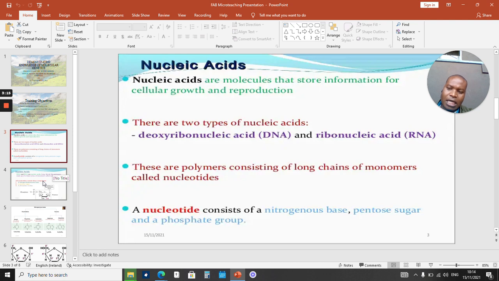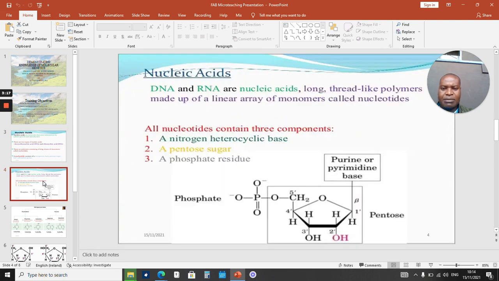Now, let's look at some of the items that make up these nucleic acids. These nucleic acids are polymers made up of a linear array of monomers, which are called nucleotides. And nucleotides are made up of 3 components. We have a nitrogenous heterocyclic base, we have a pentose sugar, and you also have a phosphate residue. These are the 3 components, the 3 molecules that make up a nucleic acid.